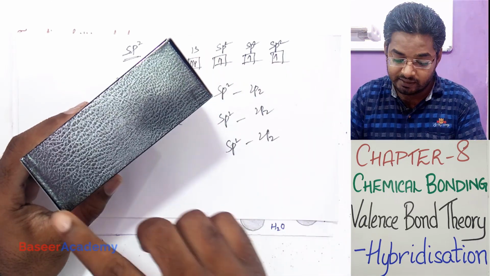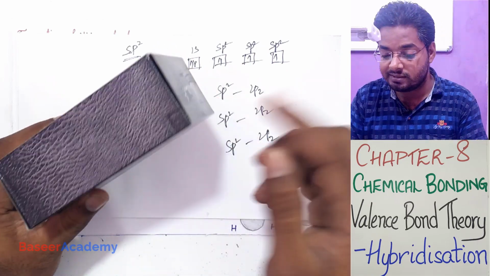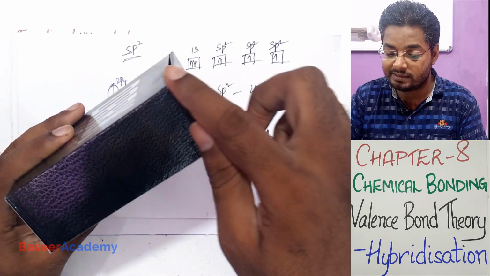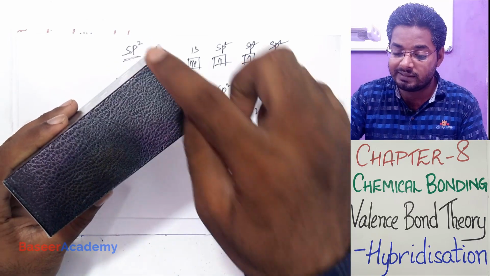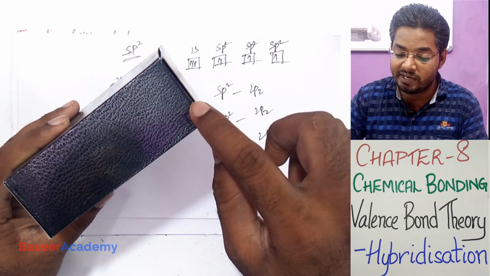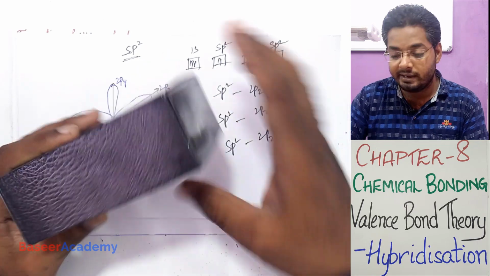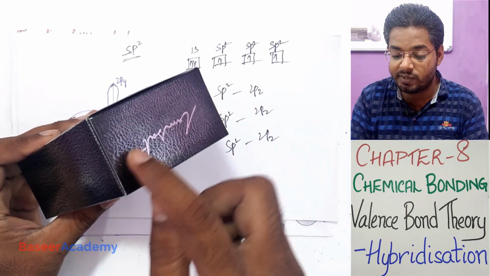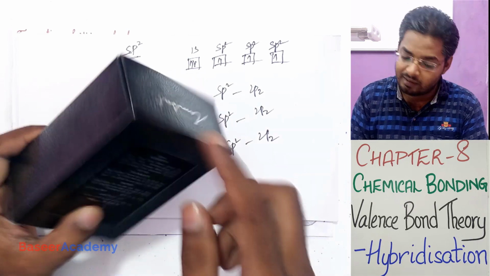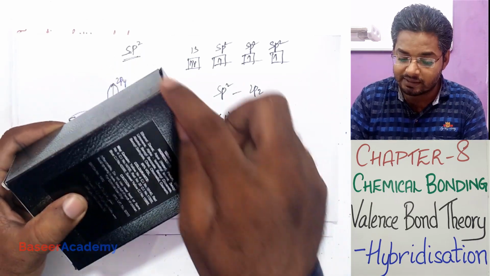If we consider this as the x-axis, this as the y-axis, and this as the z-axis, you get to see that the x-axis and the z-axis are perpendicular to each other, meaning they make a 90-degree angle. In the same way, the y-axis and the z-axis are perpendicular, and the x-axis and y-axis are perpendicular.